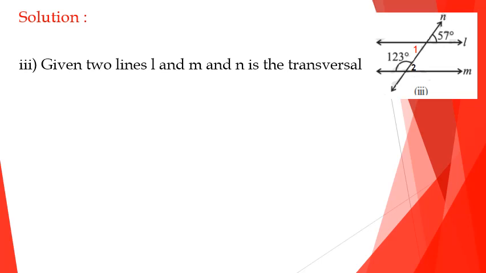So if we want to find the corresponding angle, you can mark angle 2 adjacent to 123. What will angle 123 and angle 2 form? They will form a linear pair. So we can find angle 2 equals 180 minus 123.